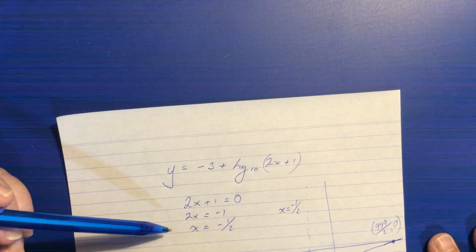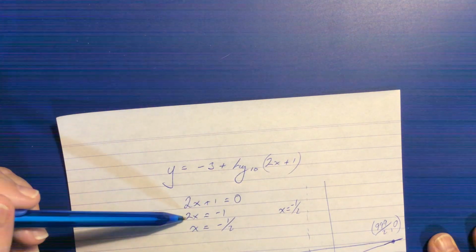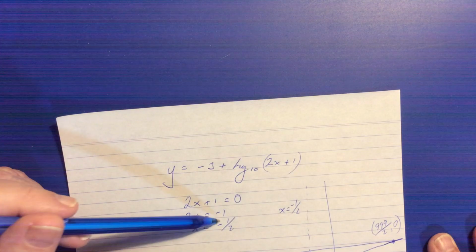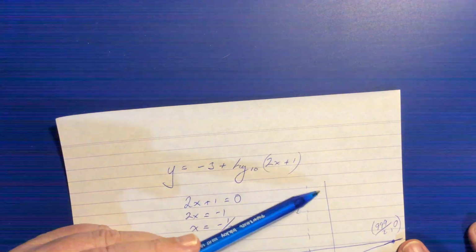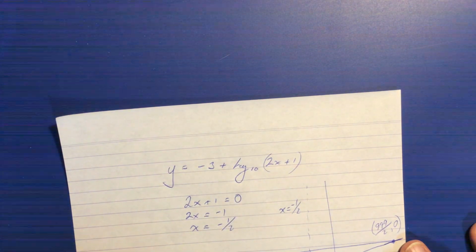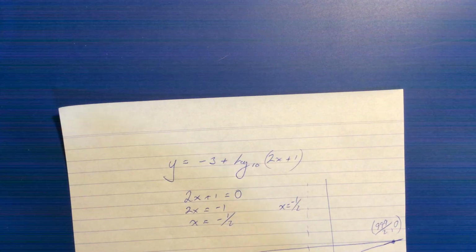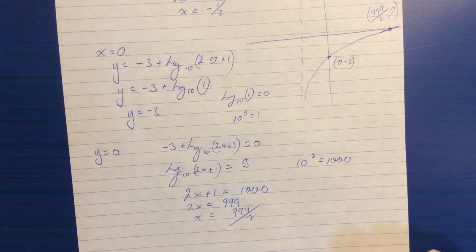Certainly by the time you get to doing logarithms, it's very simple for you. 2x plus 1 equals 0, 2x equals negative 1, x equals negative a half. And over here, we've got a very rough drawing of the asymptote. So let's spoil the surprise, push the page right up here, and I'll talk you through the rest of this.